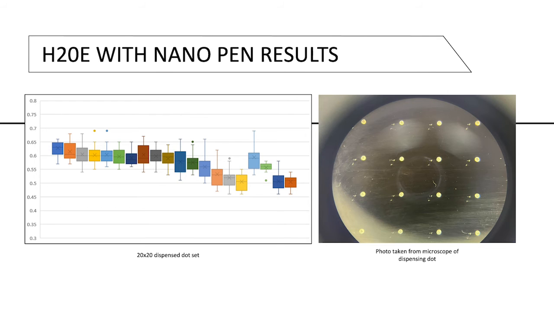Our first set of results showed fairly consistent dotting, but a decrease in dot size over time. You can see in the graph 20 sets of dots dispensed, making 400 total dots. Though the size was consistent at about 400 micron, or about 16 mil, you can note at the end a distinct decrease in size.